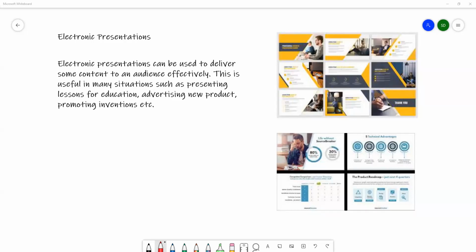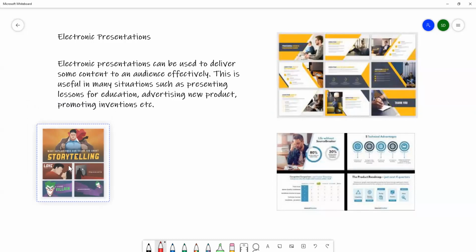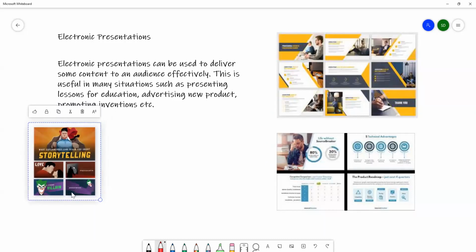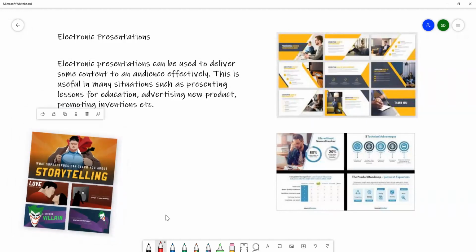To reflect what you are presenting. Yeah. So you can use graphical elements to represent what you want to explain to the users, isn't it? Yep. You can do that.